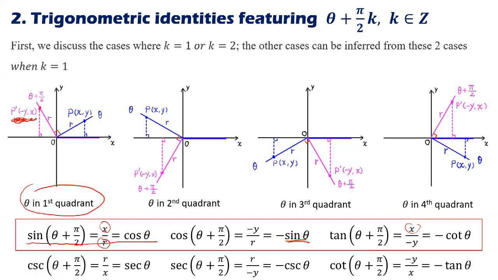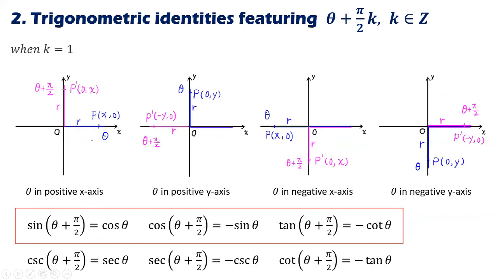Okay, so these are the cases where theta is not on either the x or y axis. In order to prove this is a trigonometric identity, we also need to prove that if theta is on the x or y axis, these identities will still hold. Only in this way are these applicable for any theta, right?